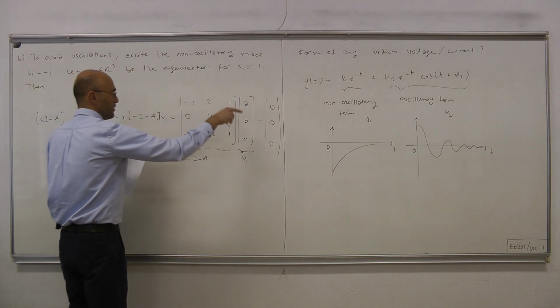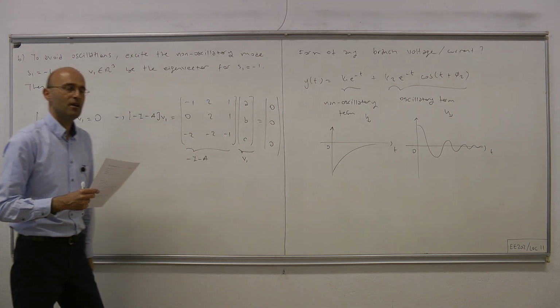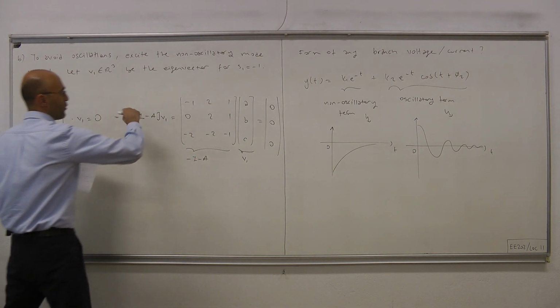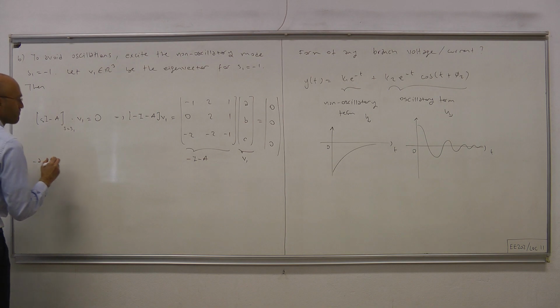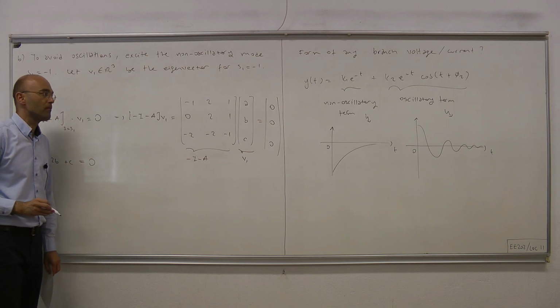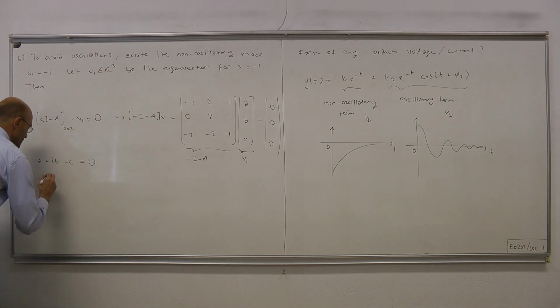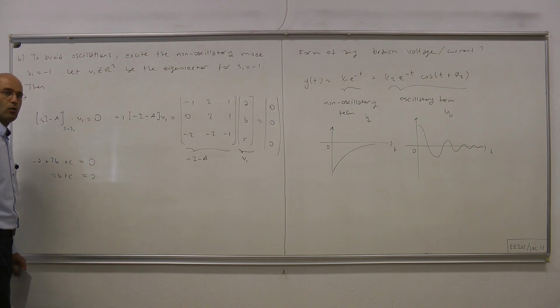So let's write this single matrix equation as 3 individual scalar equations. For the first row, we have minus A plus 2B plus C equals 0. The second row gives us 2B plus C equals 0.